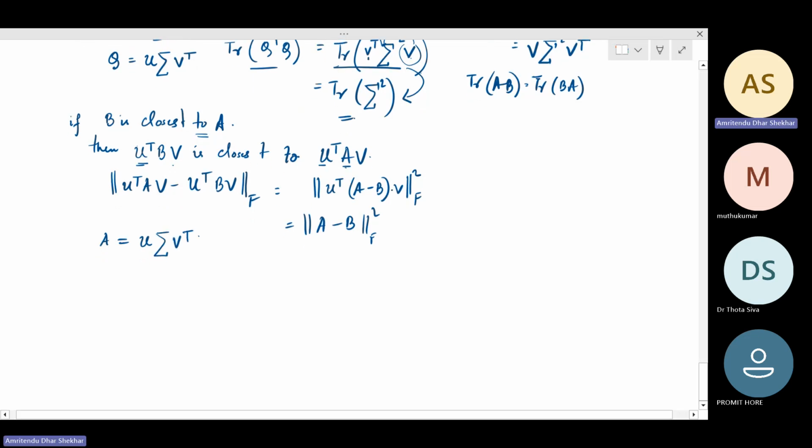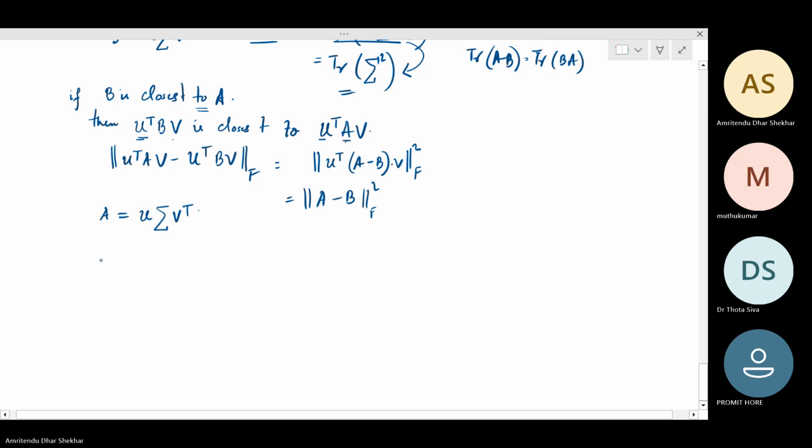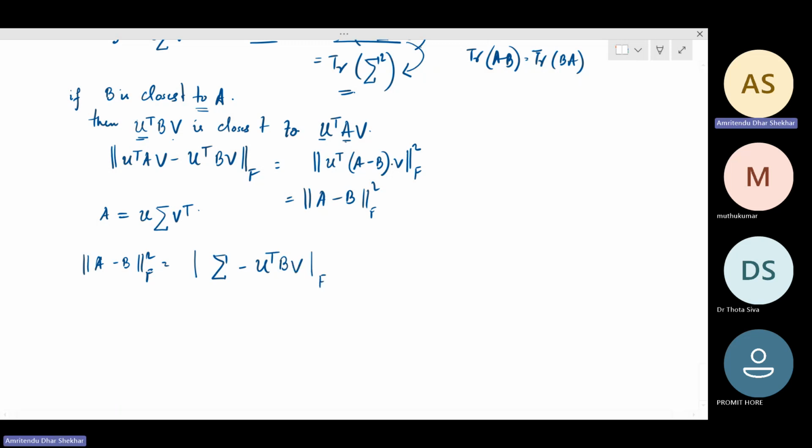Then the Frobenius norm of A minus B squared is equal to the Frobenius norm of sigma minus U transpose BV squared.